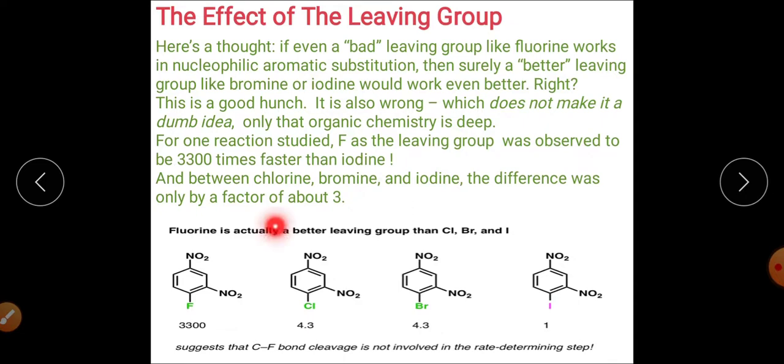But when we compare these three, the rate of reaction is almost constant in this case, and there is no large difference between these two cases and this particular case.